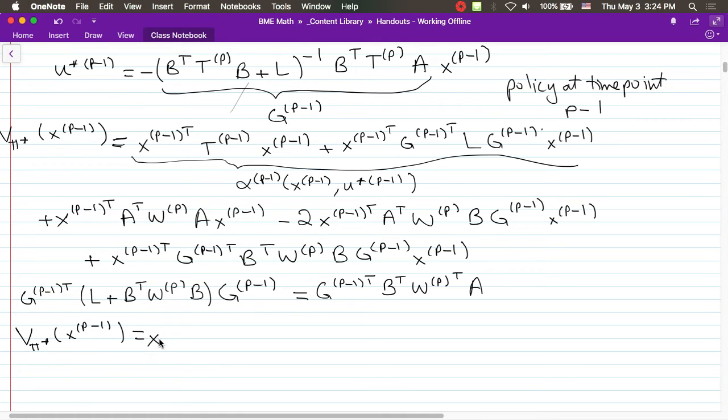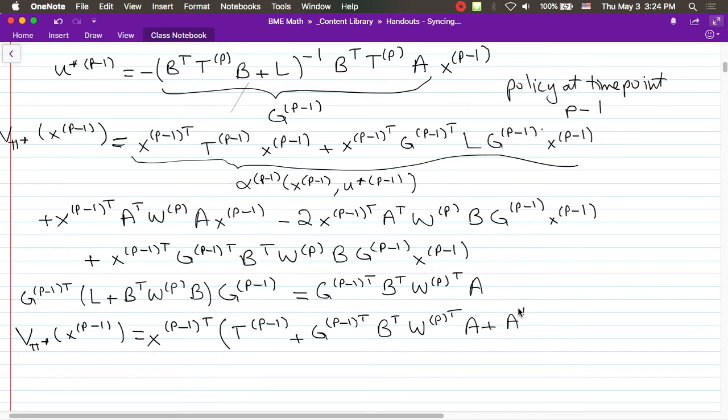So I can factor it out, x P minus 1 transpose times T at time point P minus 1 plus G at time point P minus 1 transpose B transpose W at time point P transpose A plus A transpose WPA minus 2BG P minus 1, all multiplied by x of P minus 1.